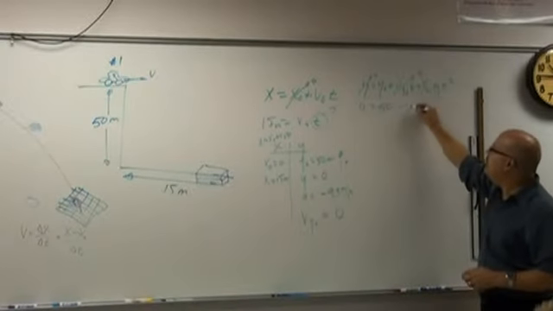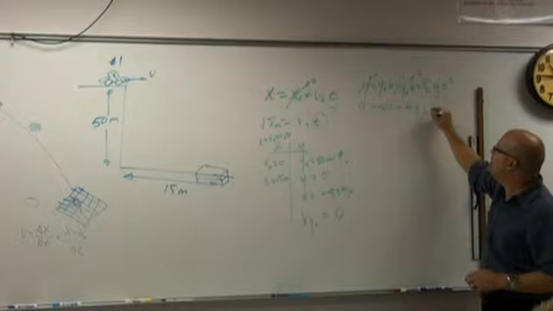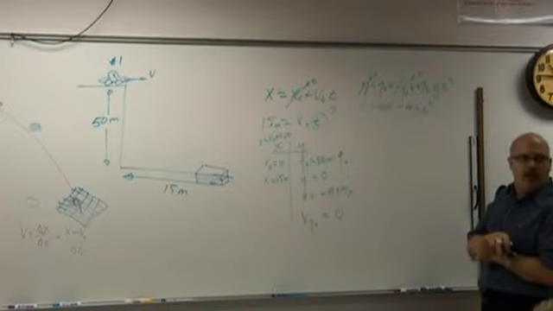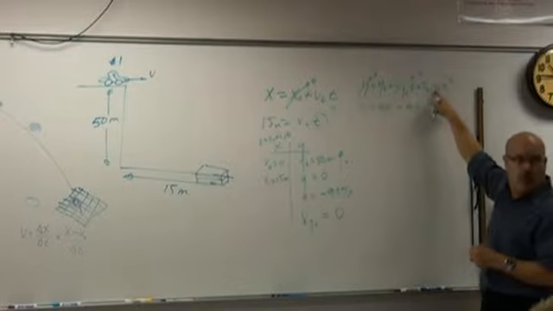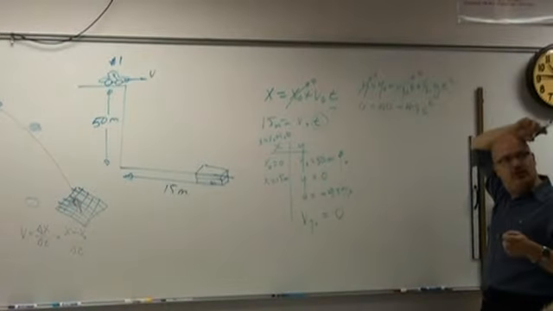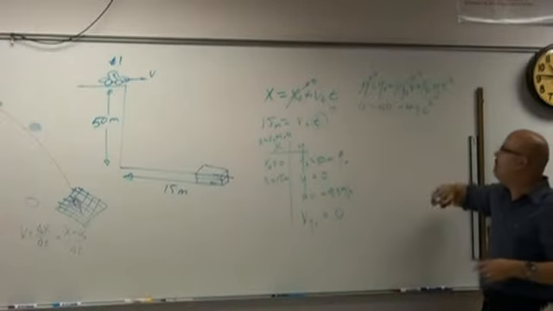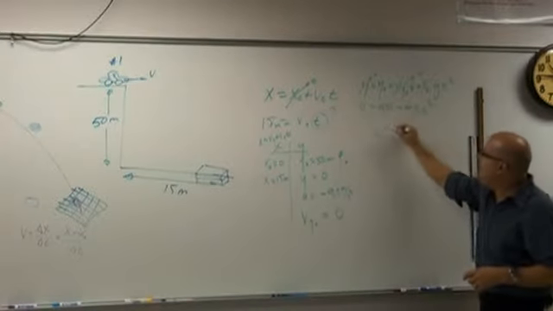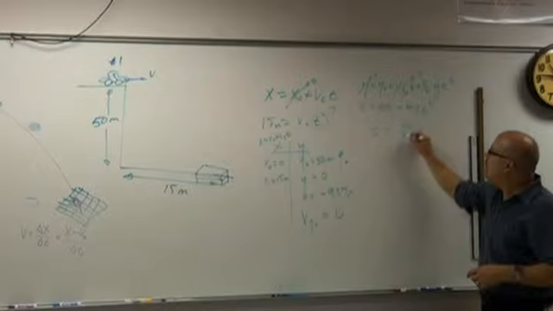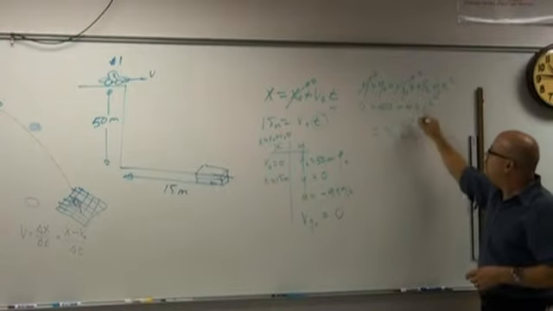And then I get a minus 4.9 t squared. So 4.9 is from 1/2 of 9.8. You'll see a 4.9 sometimes pop out of the equation. That's where it comes from. So t is going to be equal to the square root of 50 divided by 4.9.